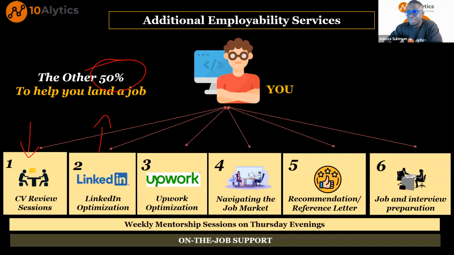LinkedIn optimization. If you don't have a LinkedIn profile, then you must be joking. If you have one, but it's not optimized, we would help you optimize your LinkedIn profile and show you what to do. And I always tell people that LinkedIn is your number one repository.